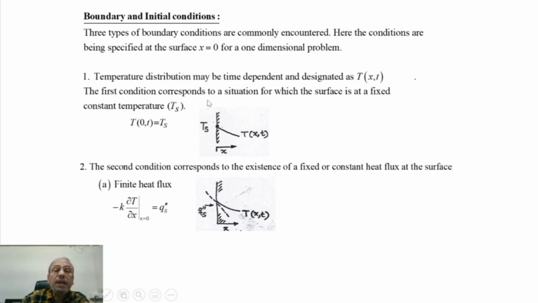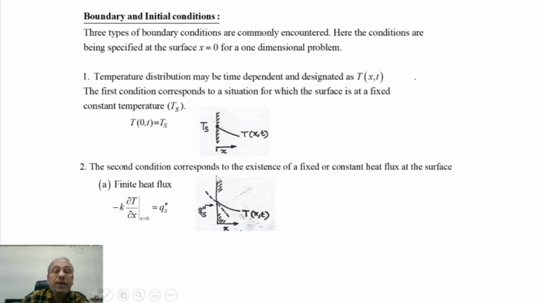The first condition corresponds to a situation for which the surface is at a fixed constant temperature, say Ts. So we can write T(0,t) at x equal to 0 at any time equal to Ts. So we can write here at x equal to 0, T is Ts.